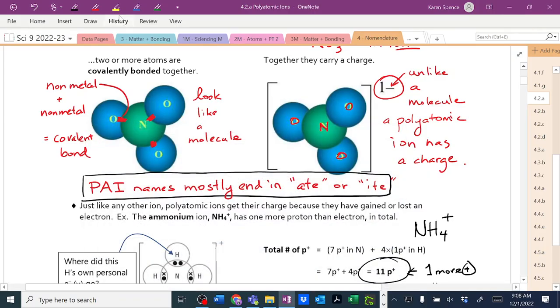There is a table of polyatomic ions here.